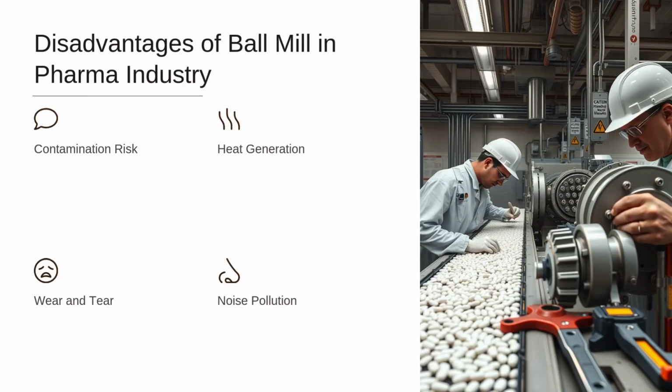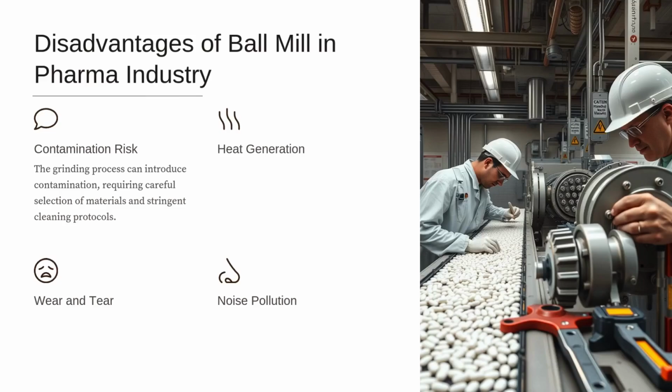Disadvantages of ball mill. The first one is contamination risk. There is a high chance of contamination during the grinding process, which requires careful selection of the material and stringent cleaning protocols, like careful observation during the size reduction process. The next one is heat generation.